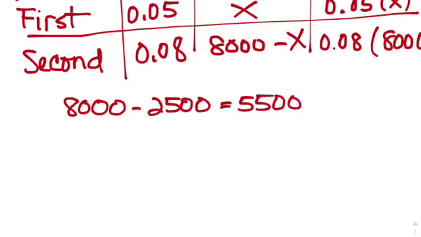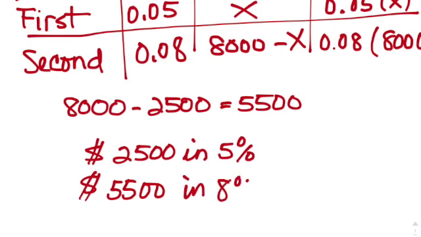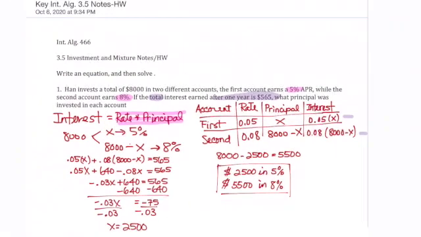Okay, and so to answer my question, that's going to be 2,500 in the 5% account and 5,500 in the 8% account. That's good enough for me. Okay, but if you just do this, you're done with your first question.